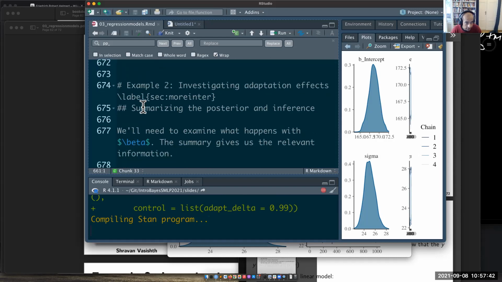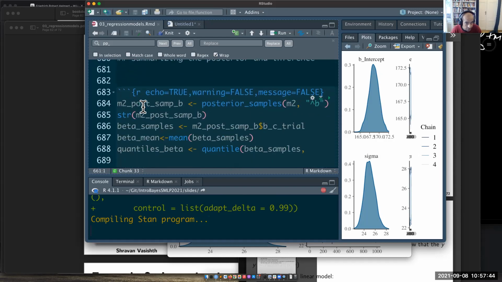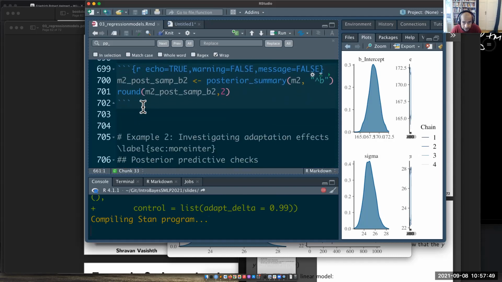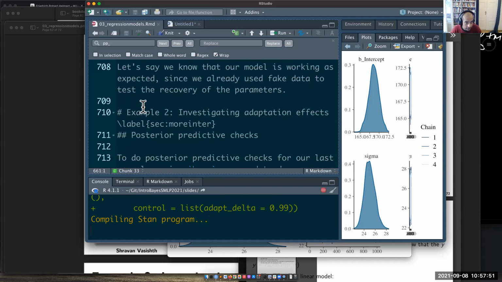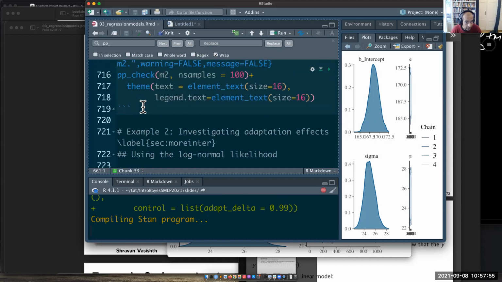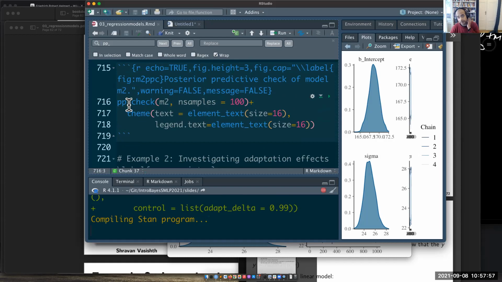Then we are not going to plot the posterior, but we are going to do a posterior predictive check next. Here it comes. Okay, so let's see. So suppose I set up the model. I don't limit it to just 100 samples.